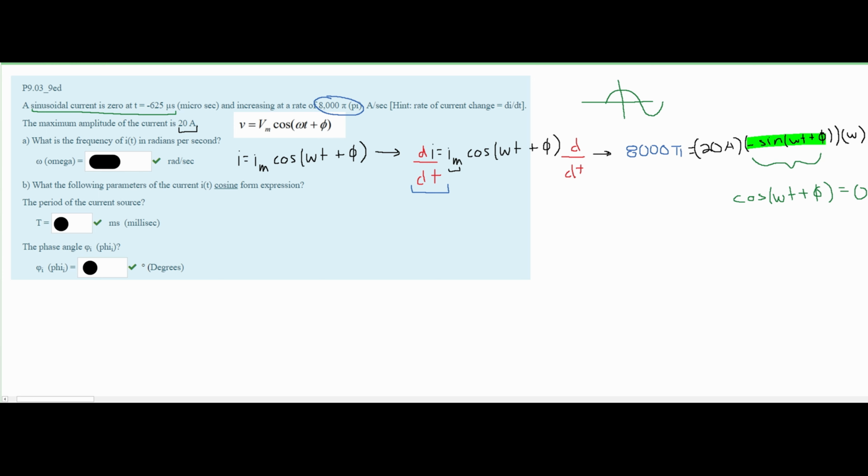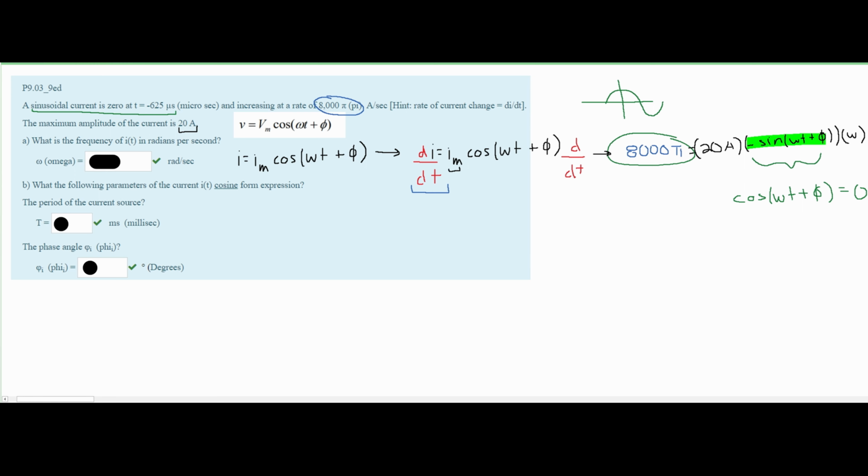The reason it's set equal to 0 is because in this main part right here, we're using 8,000 pi. So it's increasing at a rate of 8,000 pi when our sinusoidal current is 0. And our sinusoidal current is cosine with omega t plus the phase shift, so that's what we can say is equal to 0.